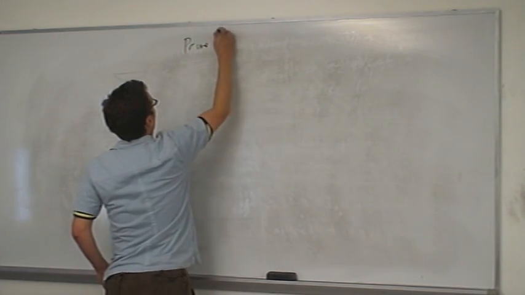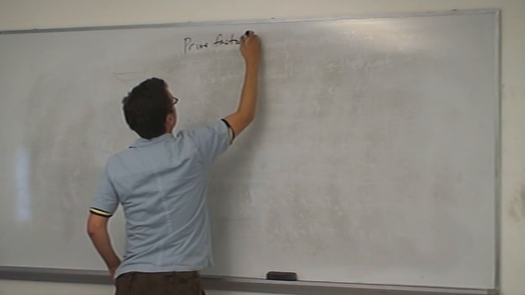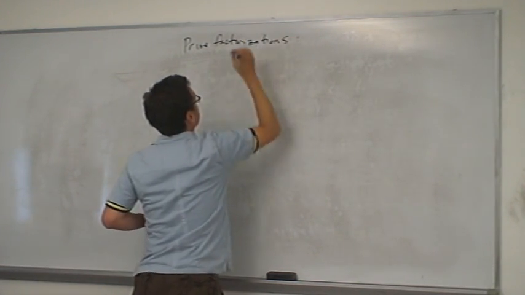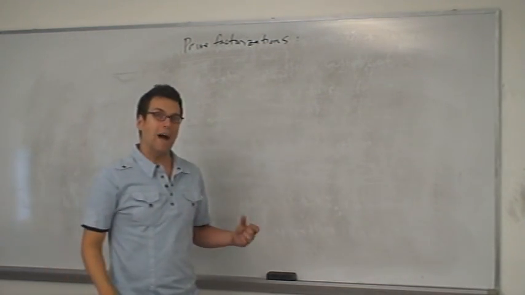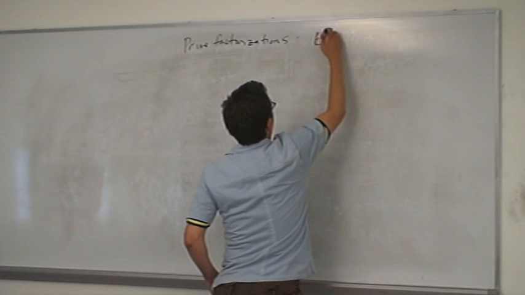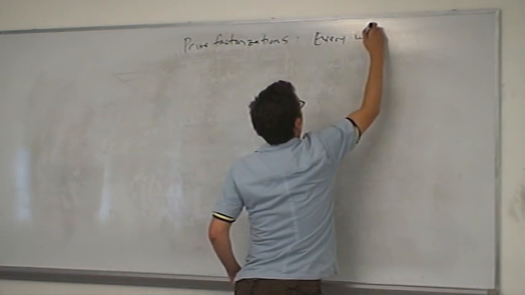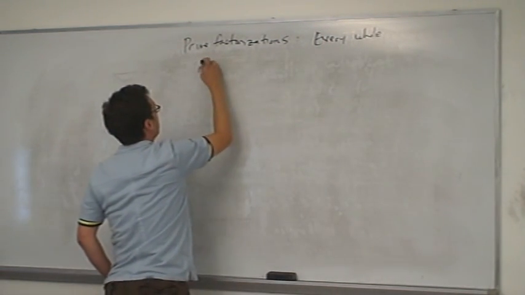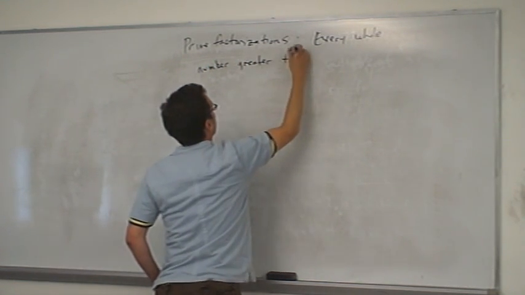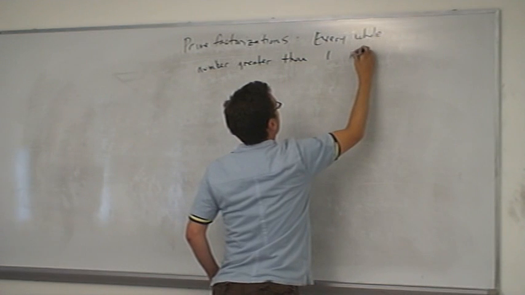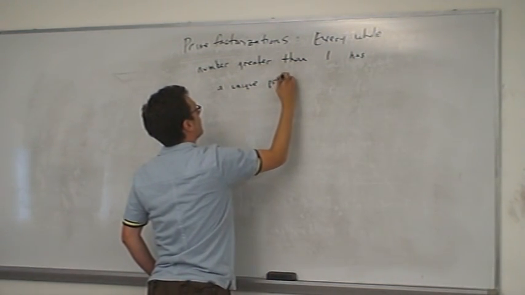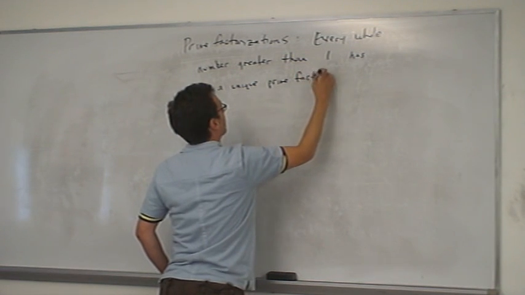So what we mean by a prime factorization is the following. It turns out, and we will illustrate this through examples, that every whole number greater than 1 has a unique prime factorization.